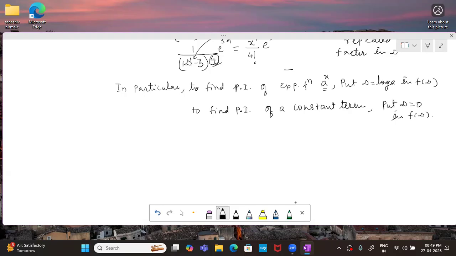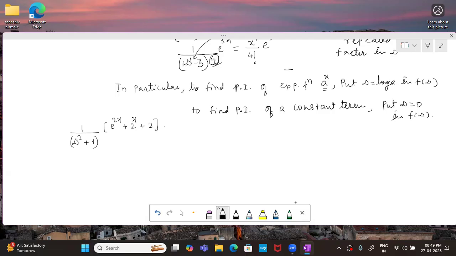That is it. Suppose, for example, you are asked to solve this PI: 1 upon d square plus 1 operating on e raised to 2x plus 2 raised to x and plus 2.